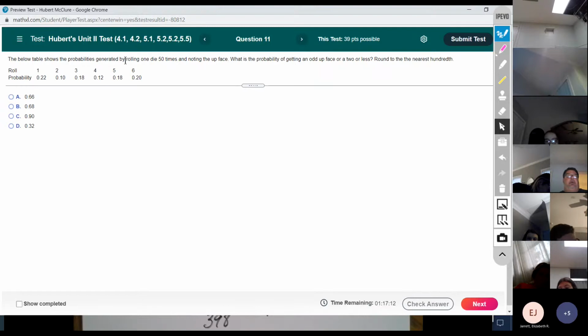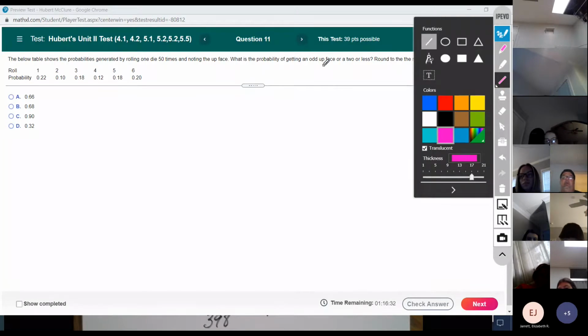The table below shows probabilities generated by rolling one die 50 times and noting the up face. What is the probability of getting an odd up face, or, meaning what? What does or mean? Addition. Additive. Or 2 or less. Okay, so let me take my handy dandy highlighter. Priority 1 message coming in on secured channel.